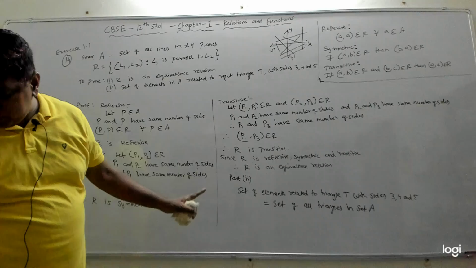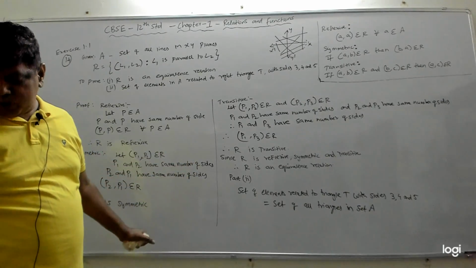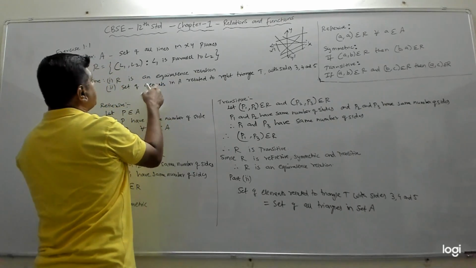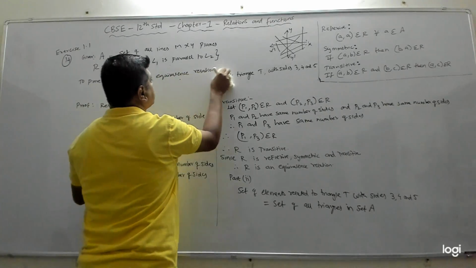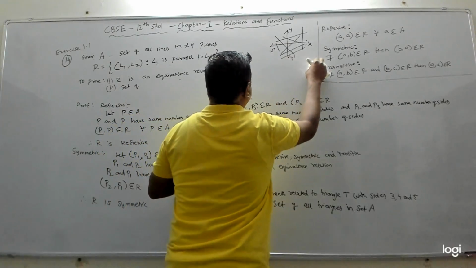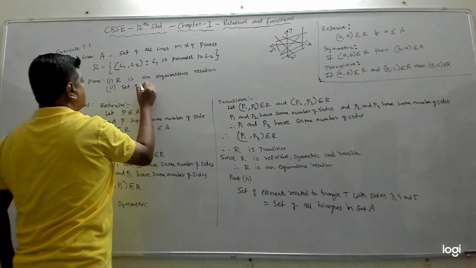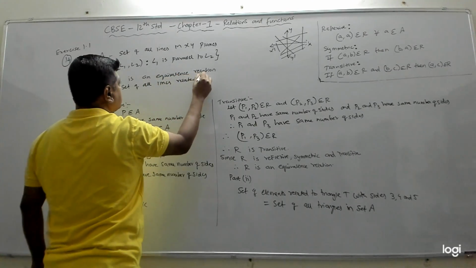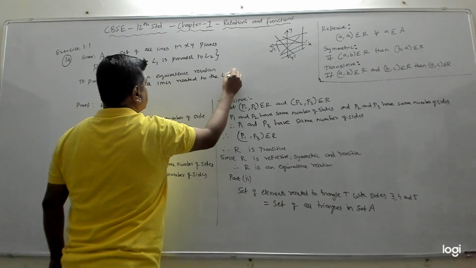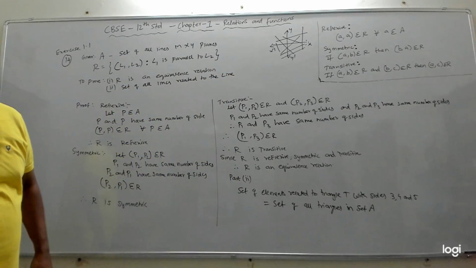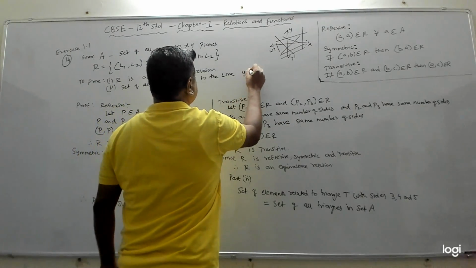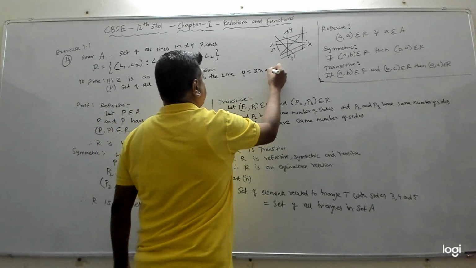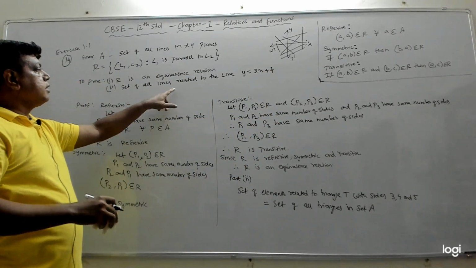And what we have to prove? We have to prove that R is an equivalence relation. And also we should find the set of all lines related to the line y = 2x + 4.